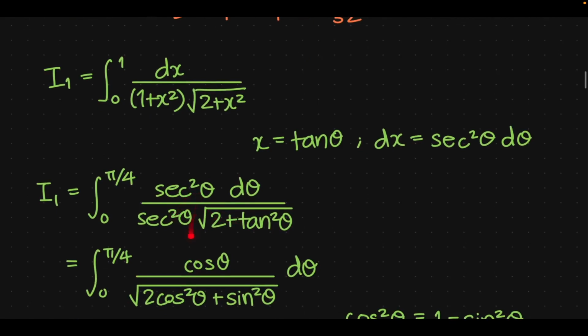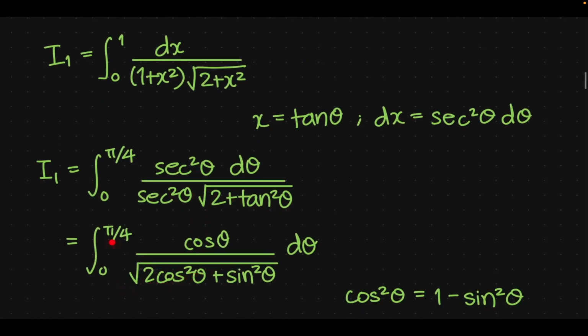The secants will cancel. So integral 0 to pi over 4 of cosine theta, because the secants cancelled, but I'm writing the tan theta as sine theta over cosine theta. So that gives me a 2 cosine squared theta, because it was squared, plus sine squared theta, and we have a cosine squared theta, the square root of that in the numerator, which is just a cosine theta.